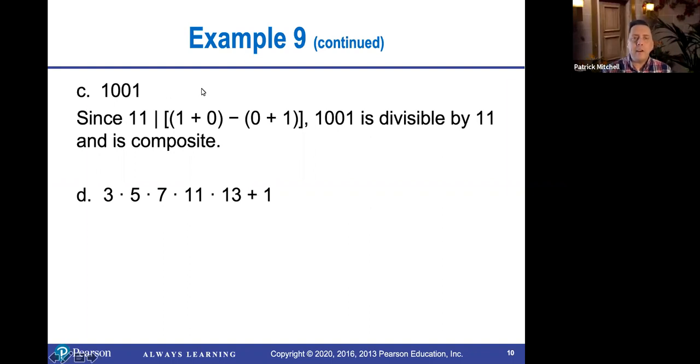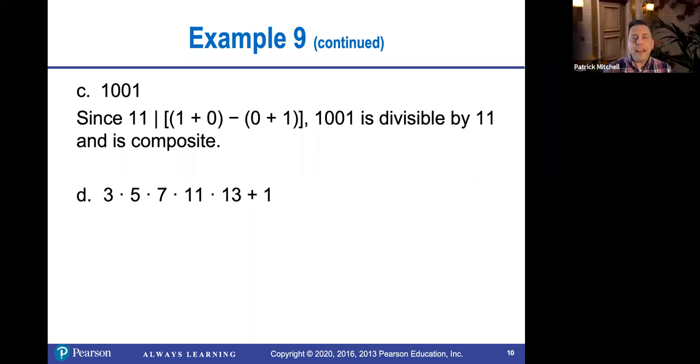That comes out to 0. And 11 does divide 0. Therefore, 1001 is divisible by 11. That makes it composite. Now, this last one is a little tricky. I would not recommend multiplying out all those numbers and then adding 1. Although if you did that, you'd probably see pretty quickly what to do next, all right?